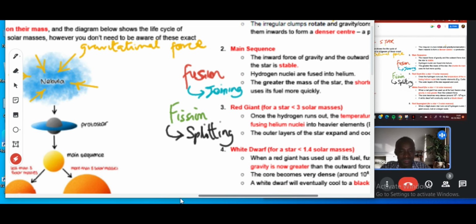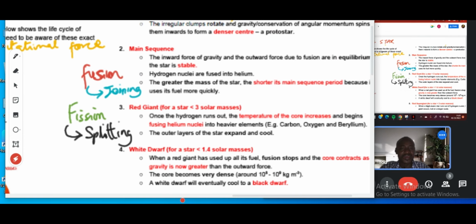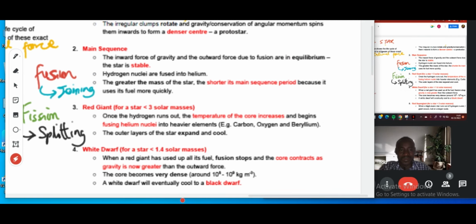And what it simply means is smaller nuclei like hydrogen will join and form heavier ones like helium, releasing energy.